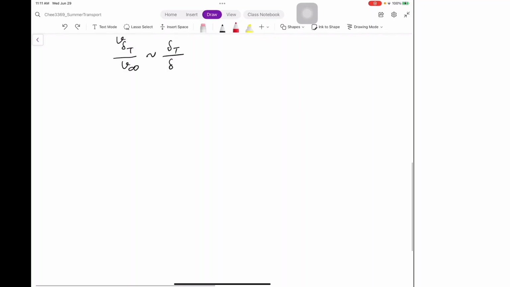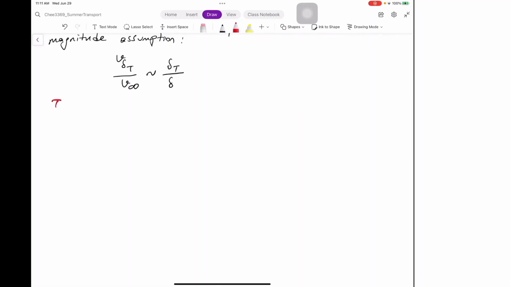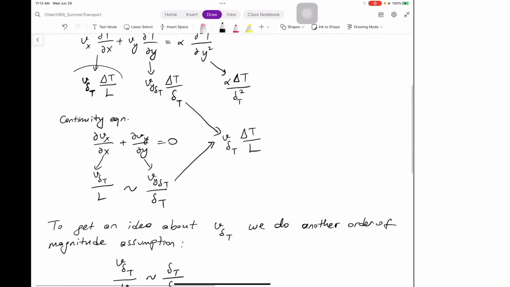So what do we get for the advection terms? Thus, the left-hand side of the heat equation. Advection terms gives us this, right?